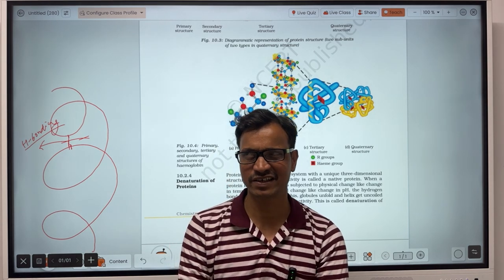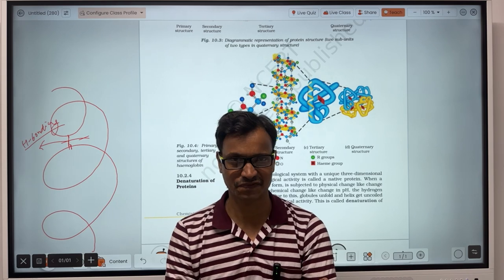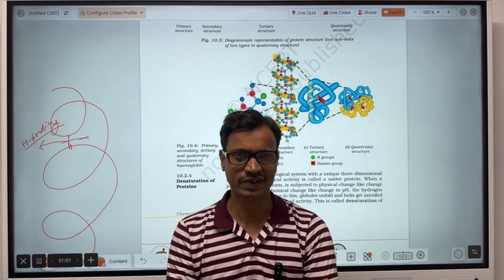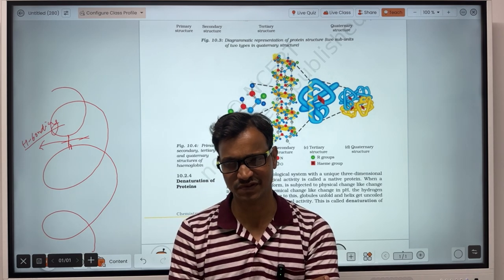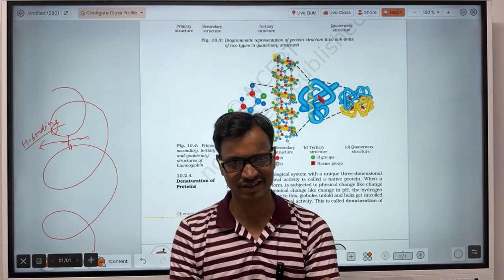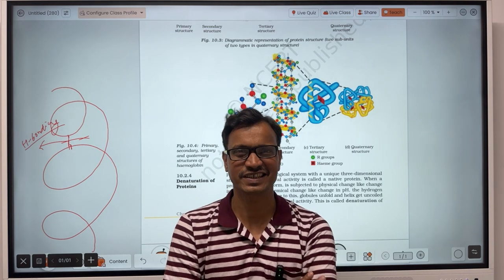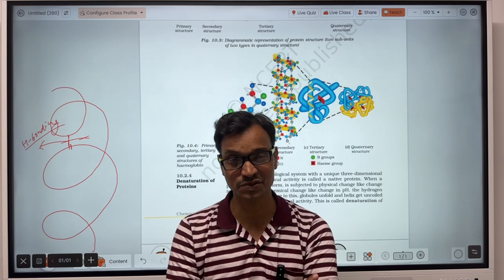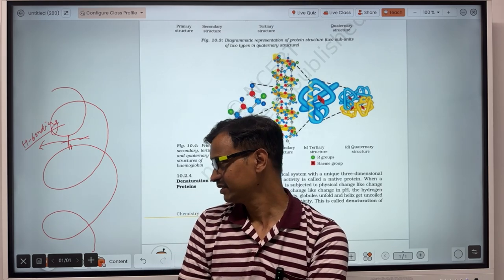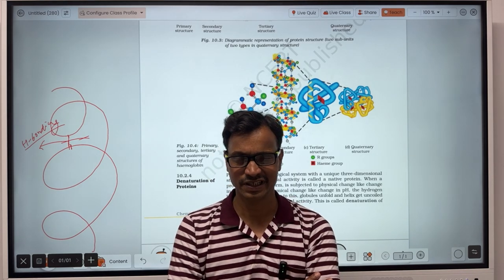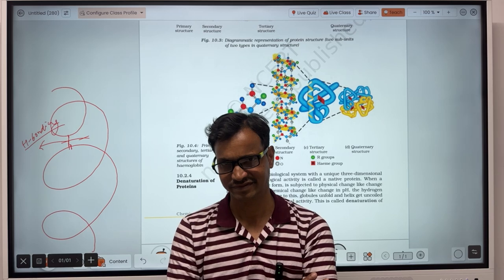But if you have not added curd and the curdification took place naturally, the microbes present in the atmosphere acted there and changed the pH, and hence it is not fit for you to consume. That is an example of denaturation of protein.